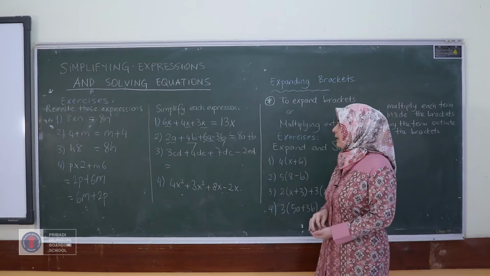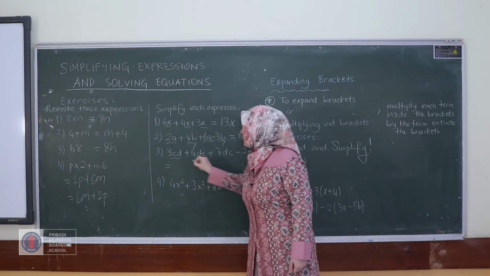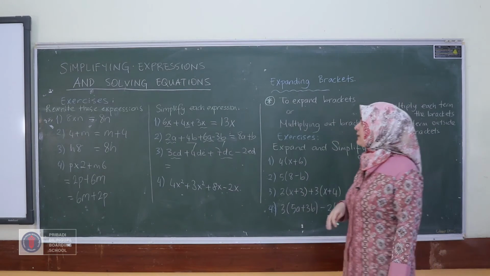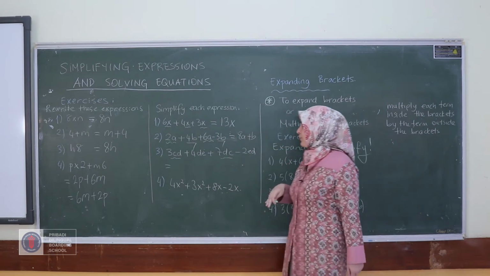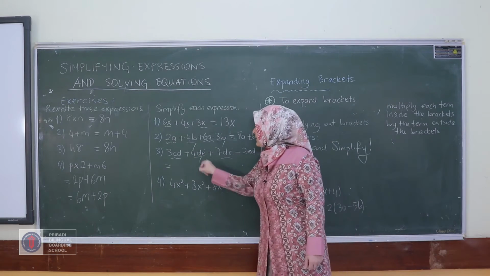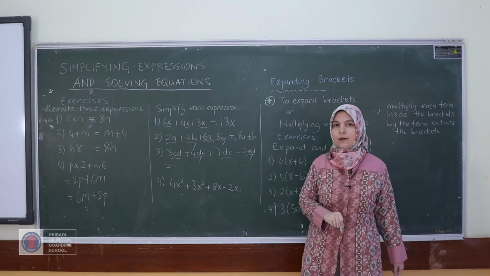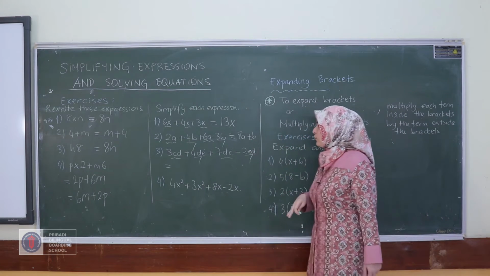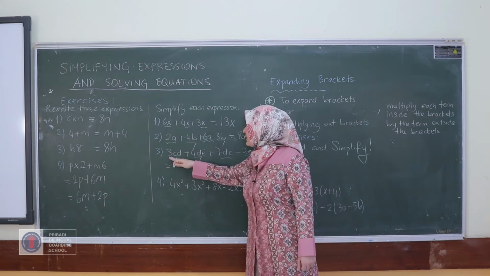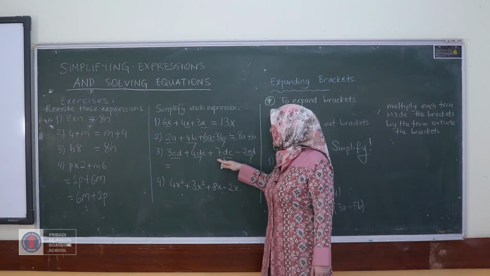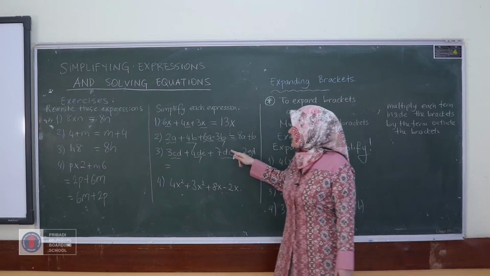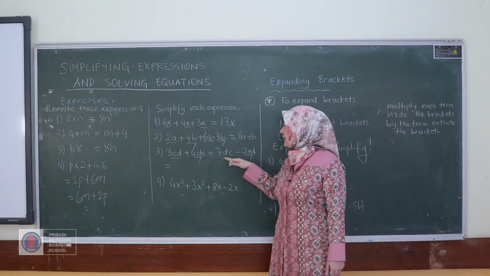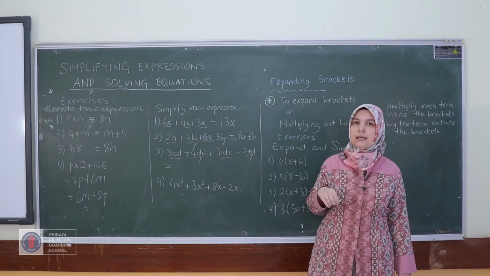Number 3. Let's find like terms. This includes CD and this also includes CD. So these two terms are like terms. And the next one, this includes DE and this term also includes DE. So these two terms are like terms. Let's simplify this one. 3CD plus 7DC. This is DC, but in alphabetical order, we need to write it as 7CD.